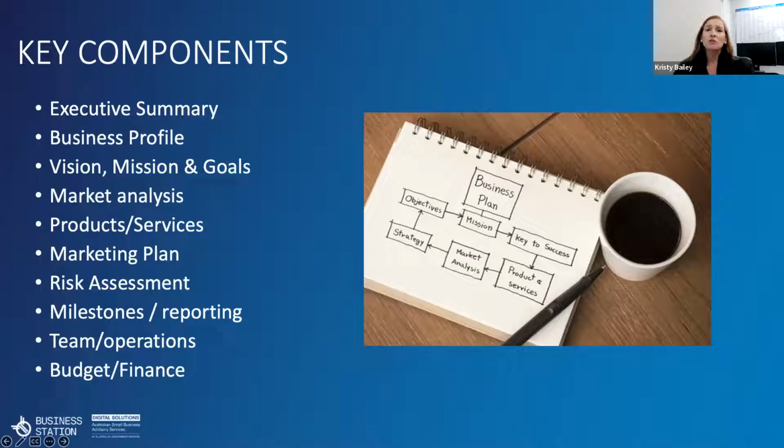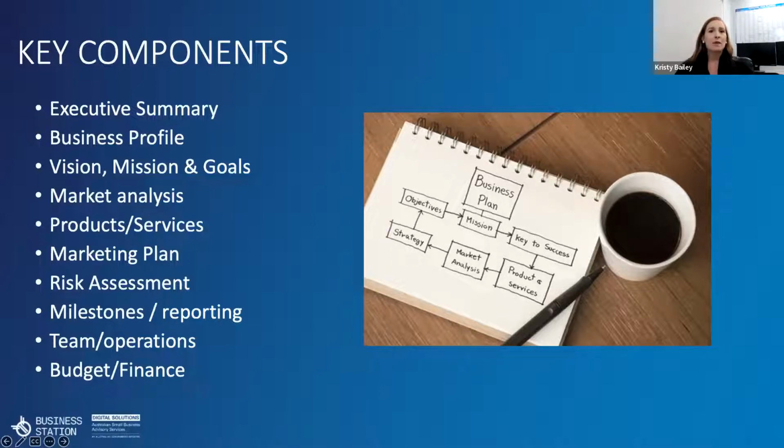Now, there's no rules about what your business plan should cover or the level of detail. In general, plans do need to include some key information, which I'm going to run through with you now. And don't forget, towards the end of the session today, I'm actually going to go through a template, and that will show how you can pull it all together.